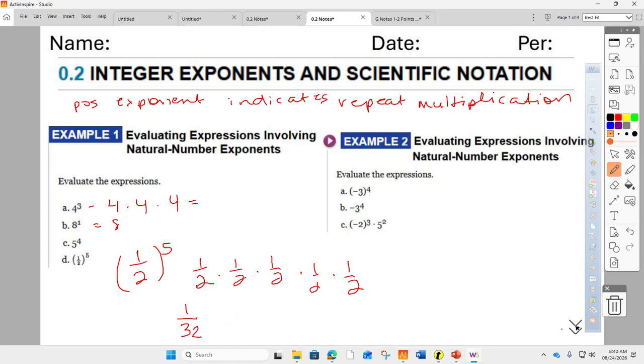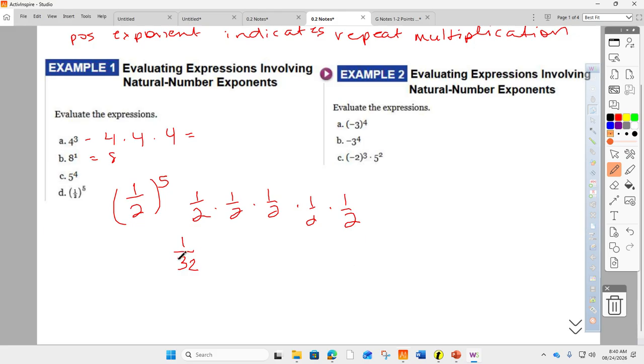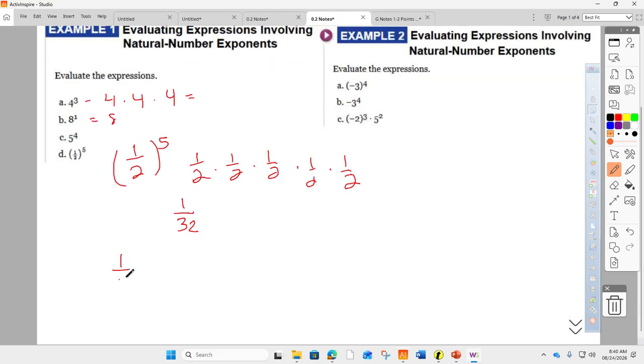One more thing to remember when you see a fraction raised to a power: this can be rewritten as 1 to the 5th power divided by 2 to the 5th power, right? Same thing. Sometimes it helps us to be able to do that. Questions so far?